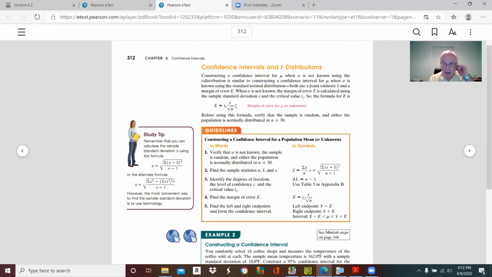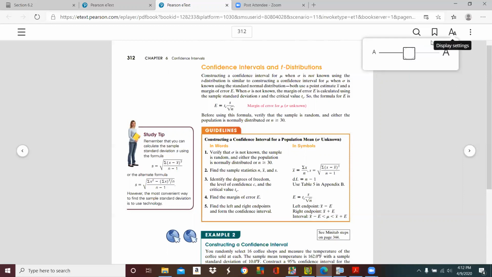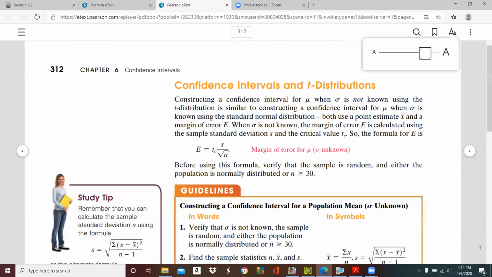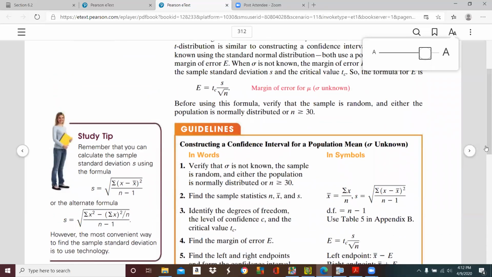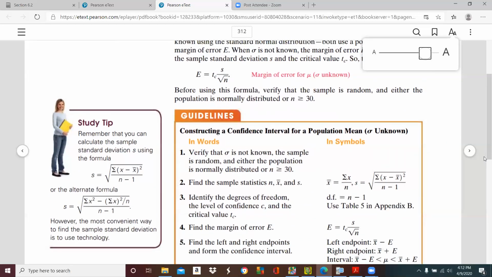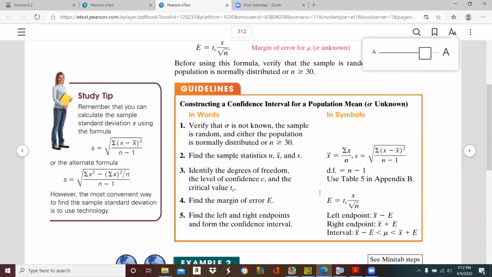And when we do that, we can no longer use the Z critical value. We must use a T critical value. Okay, so let's just make this a little bit bigger here if I can. All right, there we go. All right, so the steps are exactly the same as before. Calculate our margin of error, but the margin of error is a little bit different than 6.1.